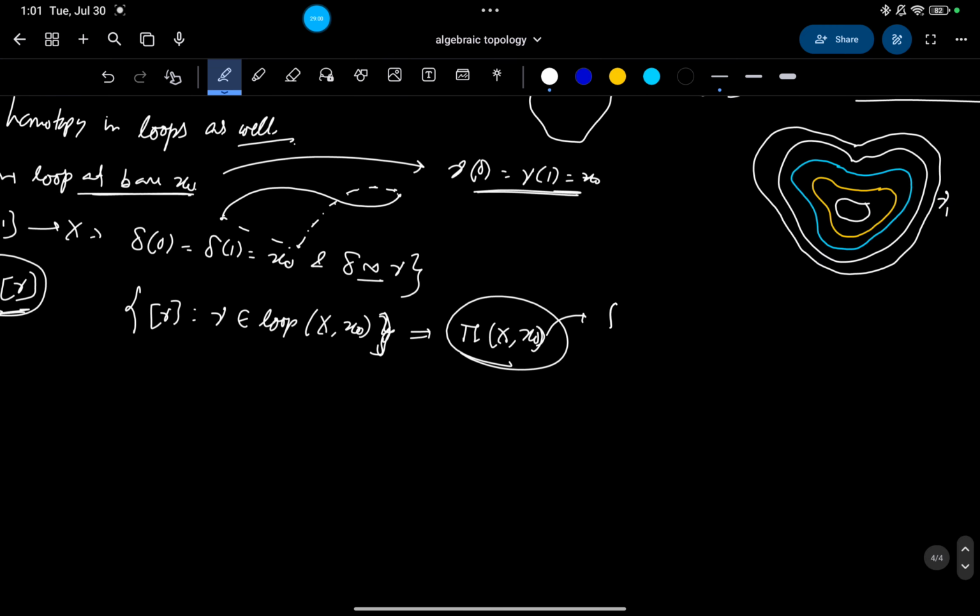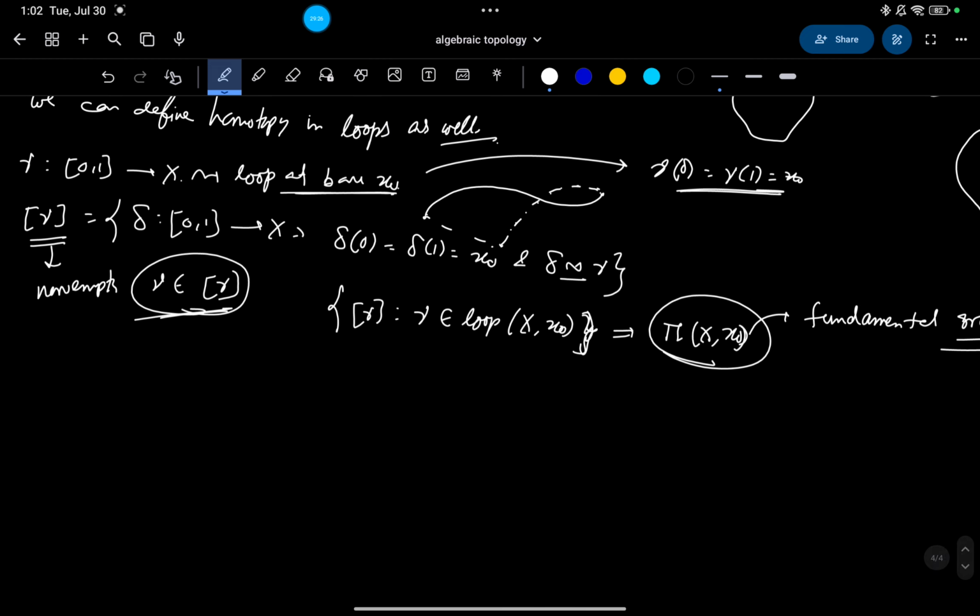This is said to be the fundamental group. What is the group operation? I'm saying it is a group, so one can get eager to know what group operation is hidden inside. The operation is the following.